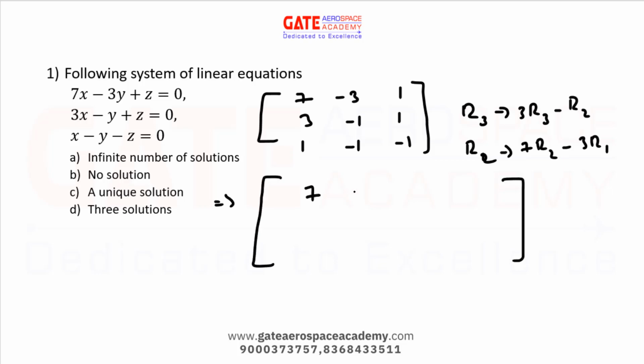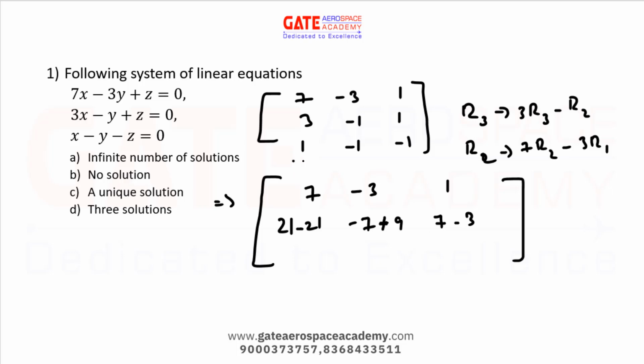R2 is 7 times this row: 7 threes are 21, here -7 and here 7. Minus 3 times R1: minus 3 sevens are 21, minus 3 threes are 9. Already we have a minus, so it will be plus 9 here, and this is -3.